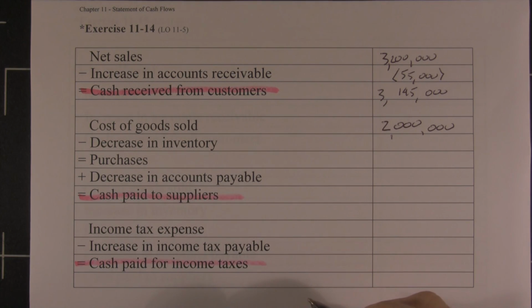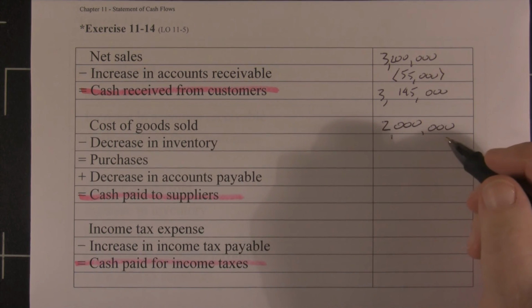As we look at the balance sheet data, we find that our inventory total decreased by $40,000. So if inventory decreases by $40,000, our cash flow has to increase by $40,000.